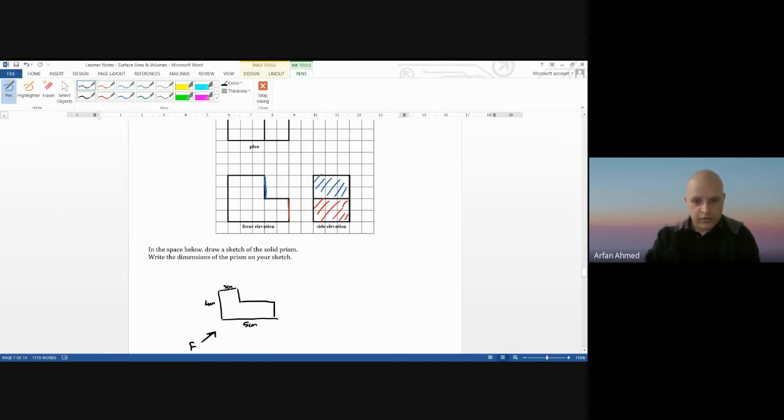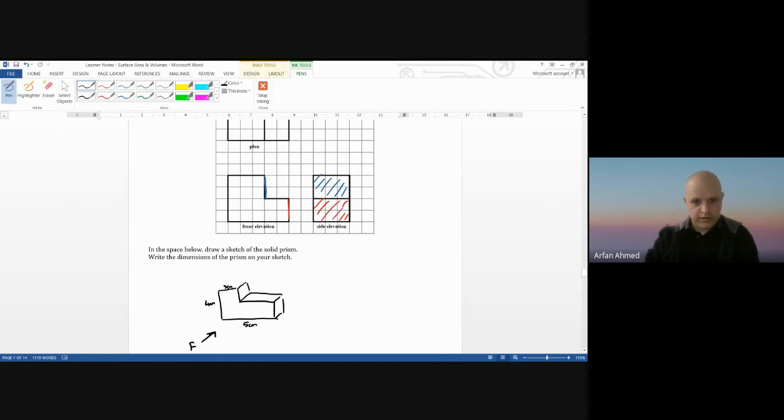So we've got, let's just extend these. Something like that. I'll do the top. In fact, yeah, let's do the top as well. The top's going to be the same as well. Oops, that's not good.